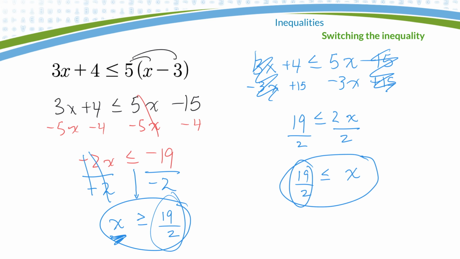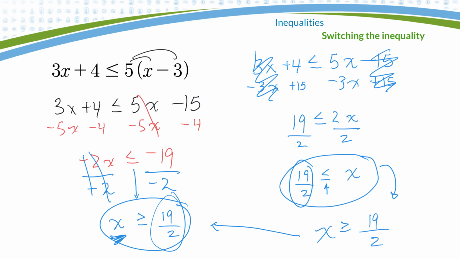So they both mean the same thing. If you want, you could take this as a solution, and since we typically write x's on the left-hand side, you can move the x to that side and the 19 over 2 to the right side. But if you swap them like that with an inequality, you just have to switch the inequality. And notice now they're the same thing. Okay?